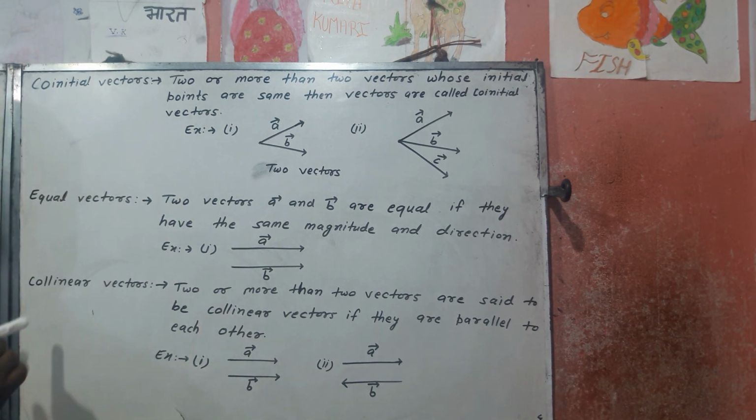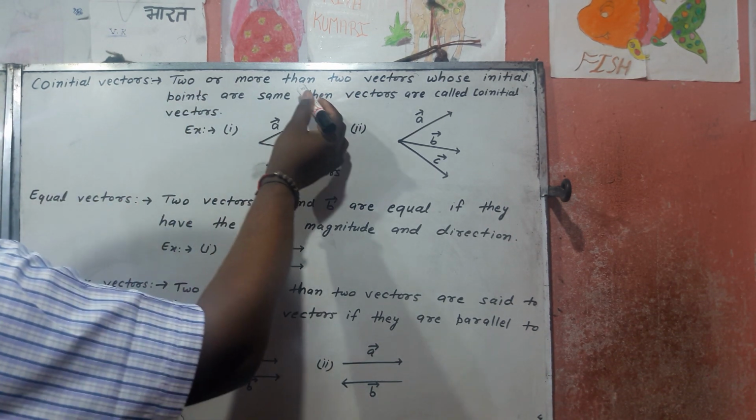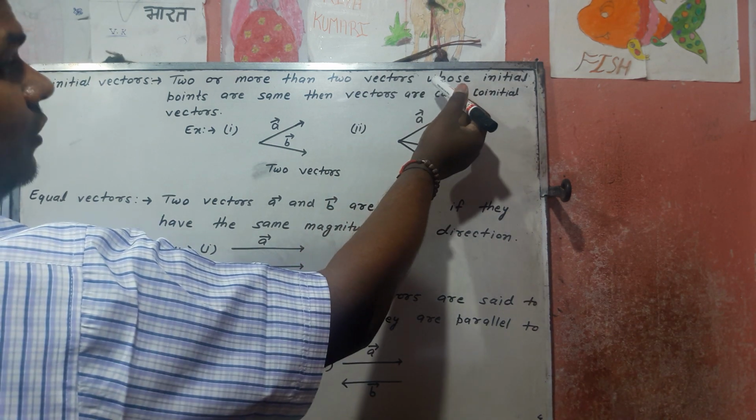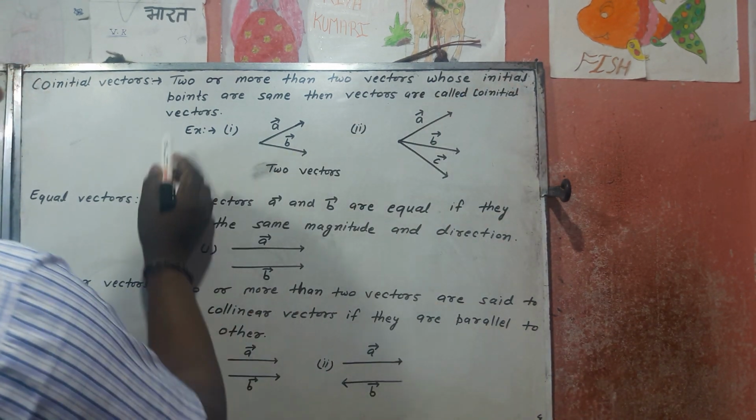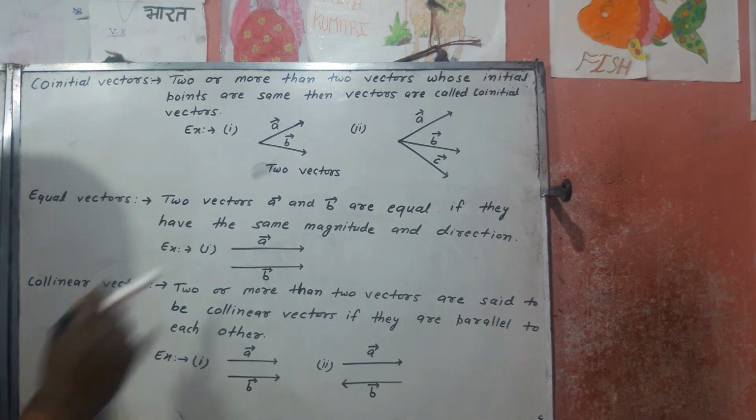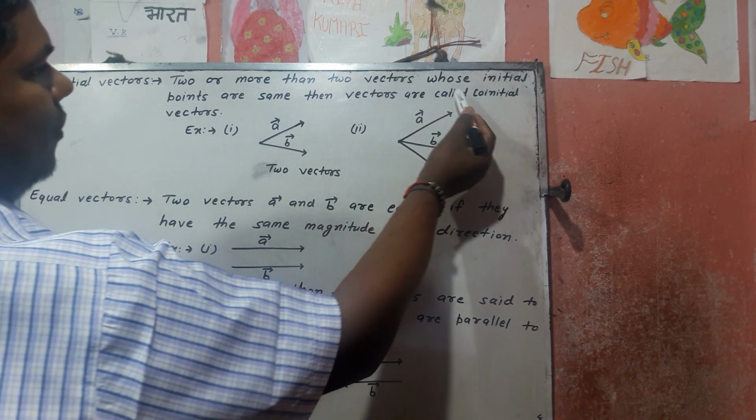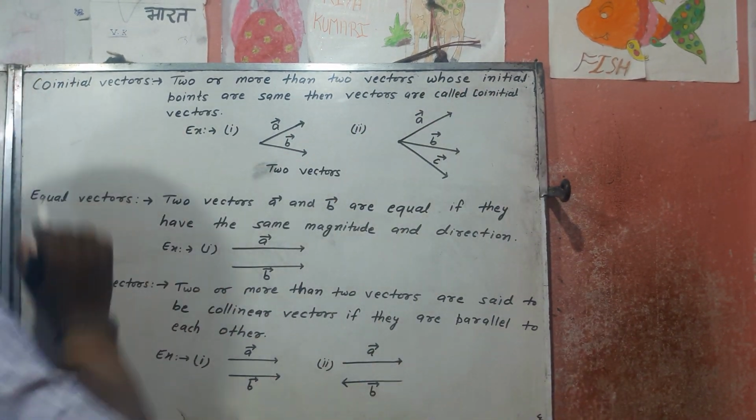Co-initial vectors: two or more than two vectors whose initial points are same, then vectors are called co-initial vectors.